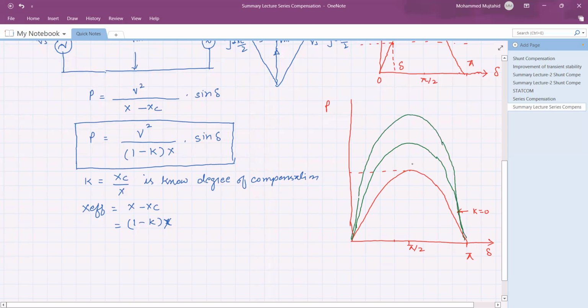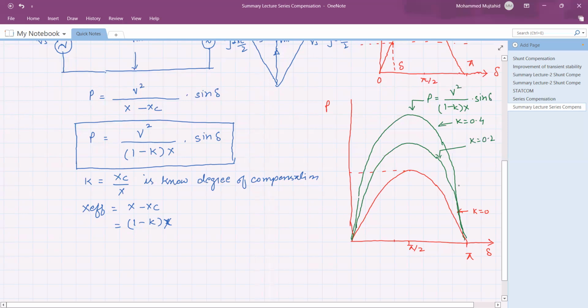This is the curve P is equal to V square upon 1 minus K into X into sine delta, where say K is equal to 0.4 and K is equal to 0.2.